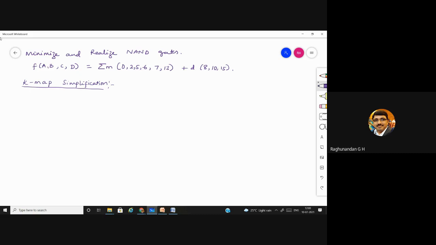They may not tell you to use K-map simplification, or they'll just give the question. Then you should realize that this cannot be done by the normal simplification process, so I have to use the K-map. First, you need to write the table.